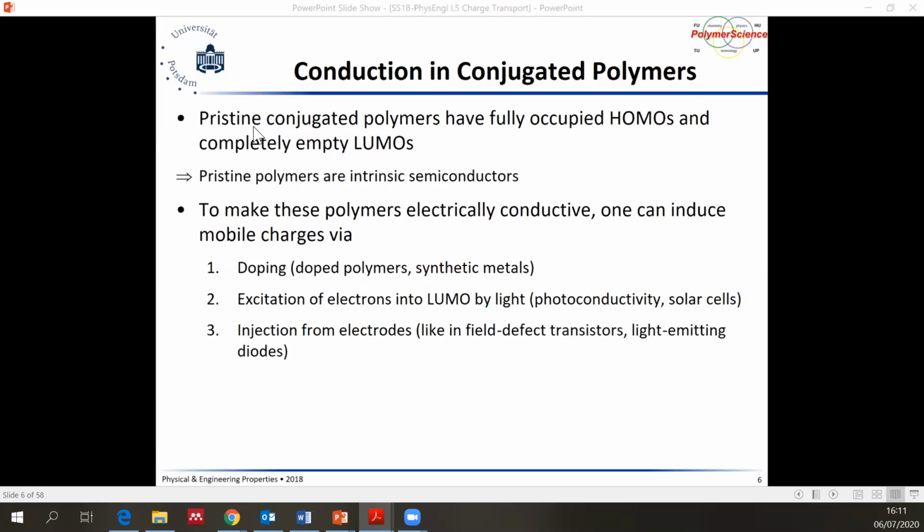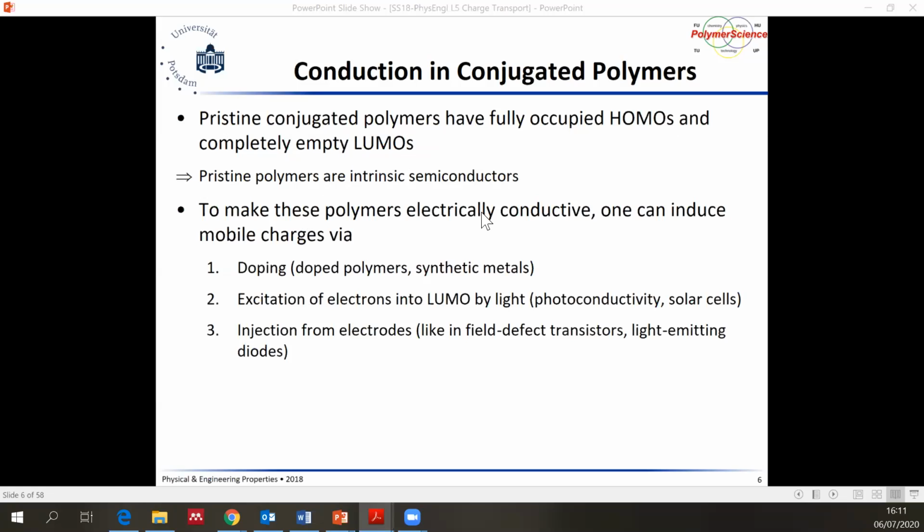So when we have a neat material, a pristine conjugated polymer, it has a fully occupied HOMO level, and the LUMO is totally unoccupied. This is when there is no doping, no light, or nothing to generate extra charges in the device. So all the charges are in the HOMO, and there's nothing in the LUMO.